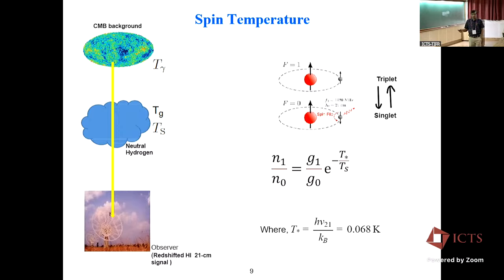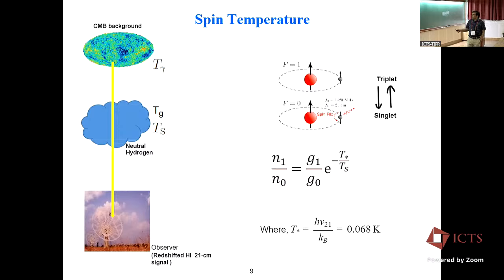So now, if you know the relative population of the singlet state and triplet state, you can easily calculate the spin temperature. Or vice versa, if you know the spin temperature, you can calculate the ratio of the triplet state and singlet state.